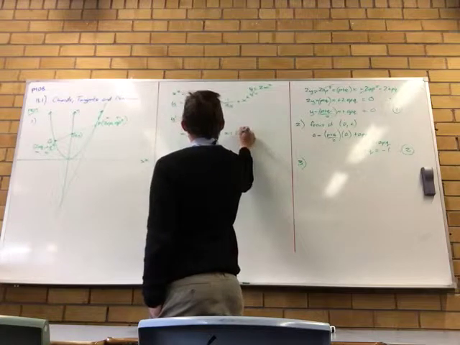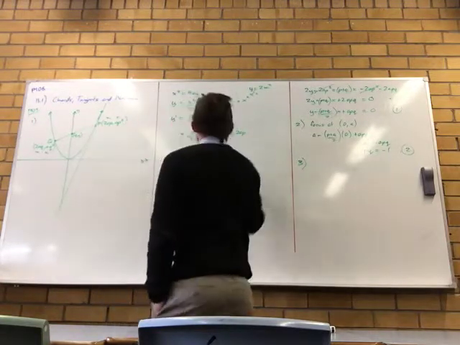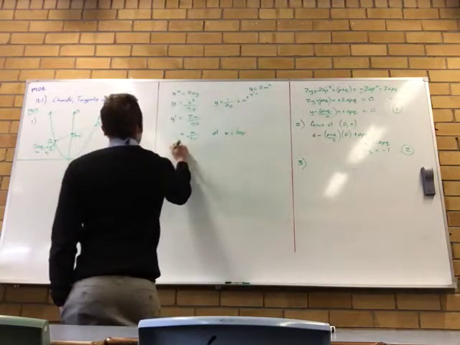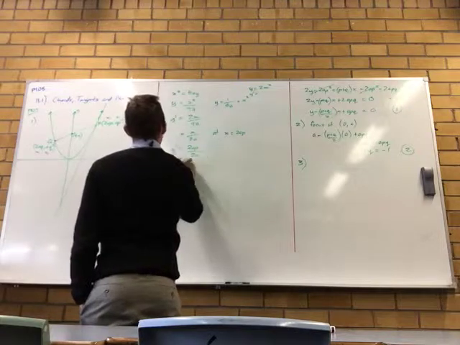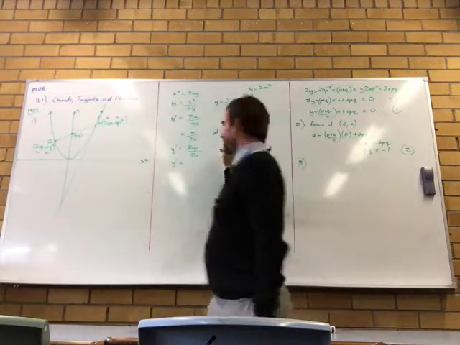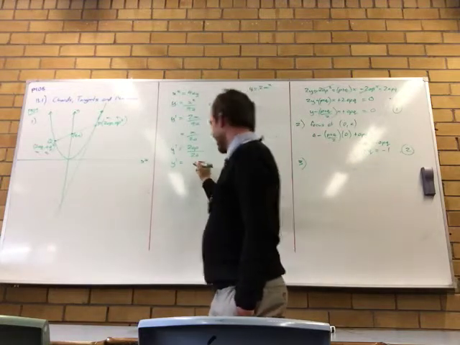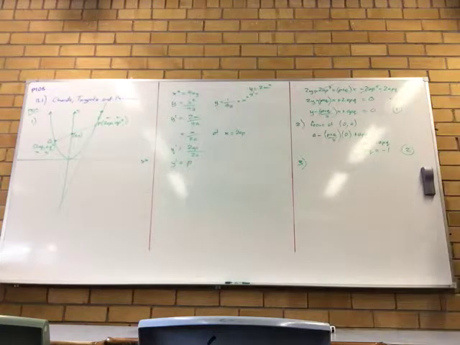X is 2ap, because we need the gradient of the tangent at that point. Your y dash is going to be 2ap over 2a, which simplifies to p. It's all connected. So the gradient of the tangent at the point P, using your parametric, is the parameter p.